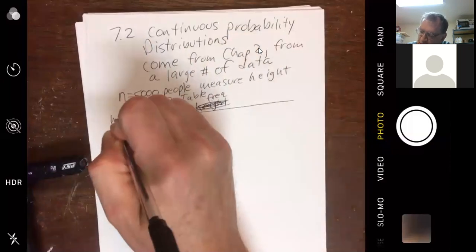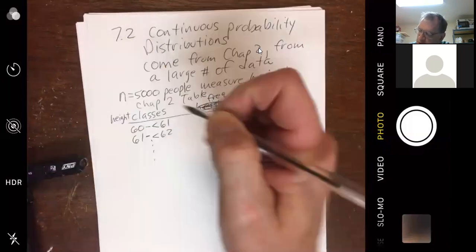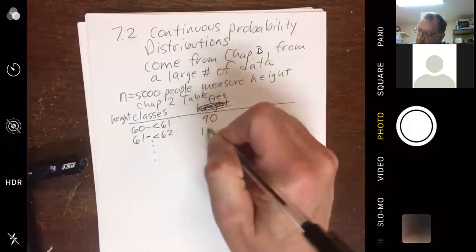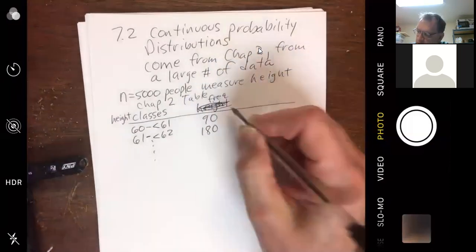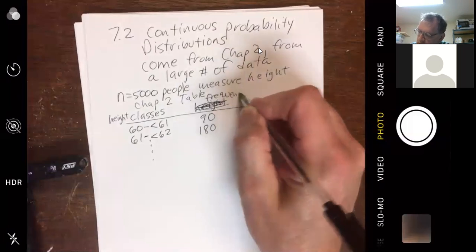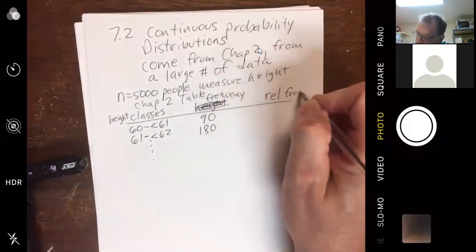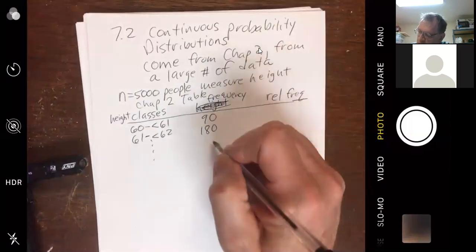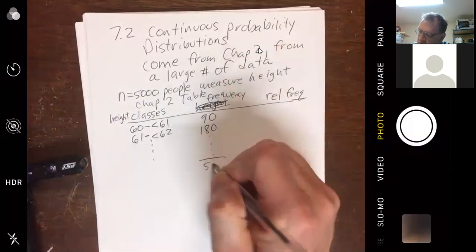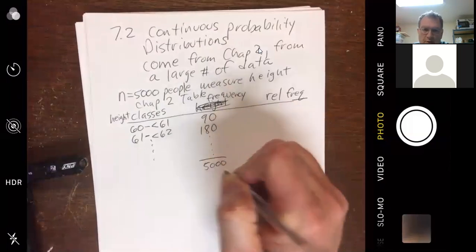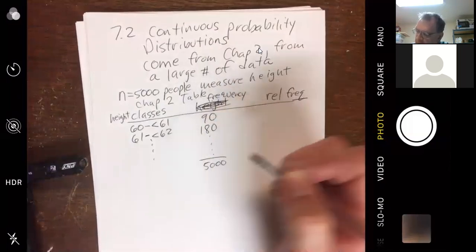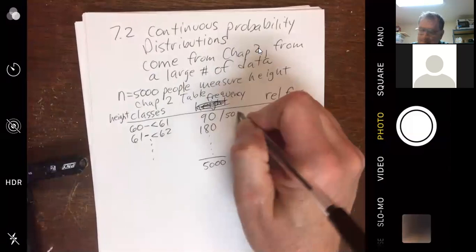Class, the height is over here. All right, let's say there was 90 people here, 180 people here. These are the frequencies. All right, and then the relative frequency, we would divide, this will total up to 5,000, however many people were here. And we're going to divide each of these by 5,000.